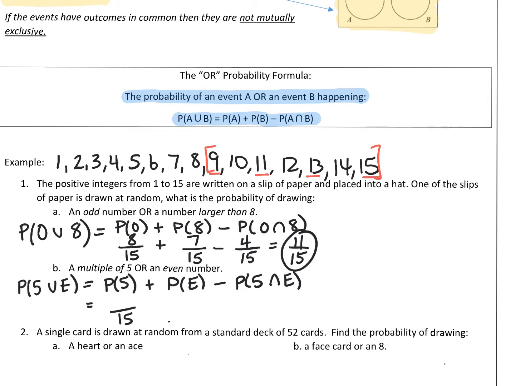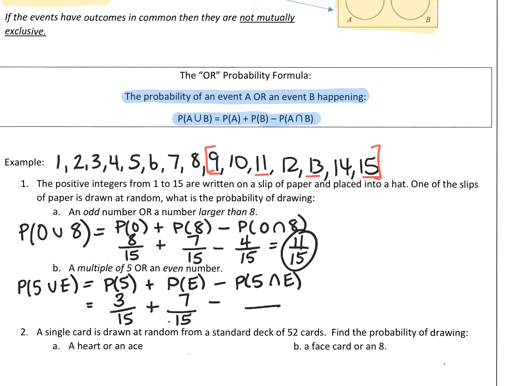The multiples of 5 are 5, 10, and 15. So 3 of them are multiples of 5, plus the probability of getting an even number. The even numbers are 2, 4, 6, 8, 10, 12, and 14.